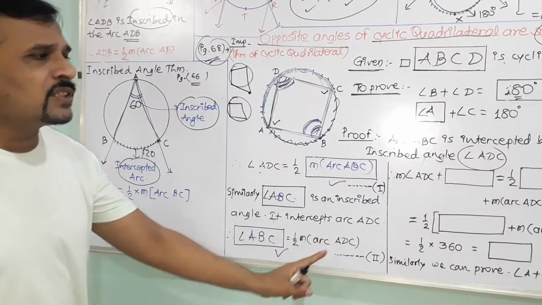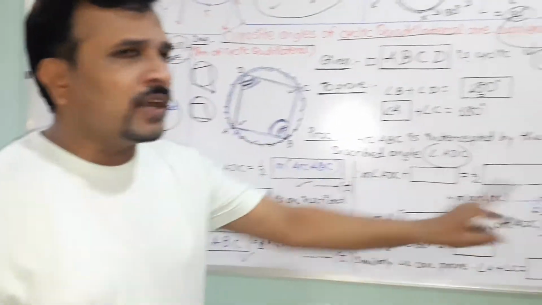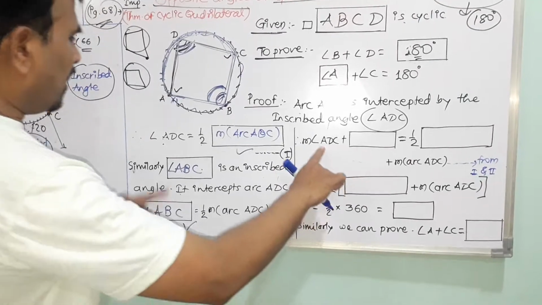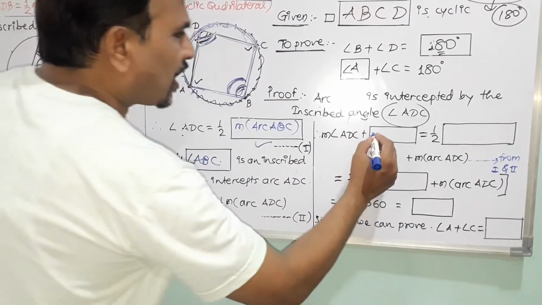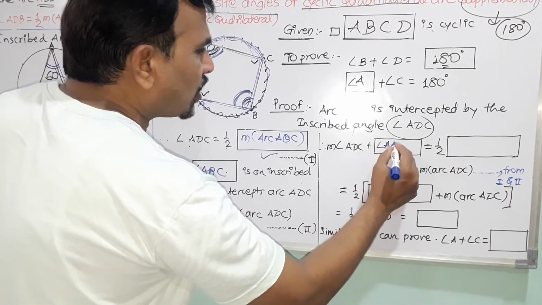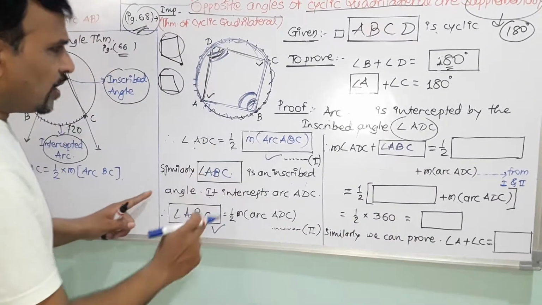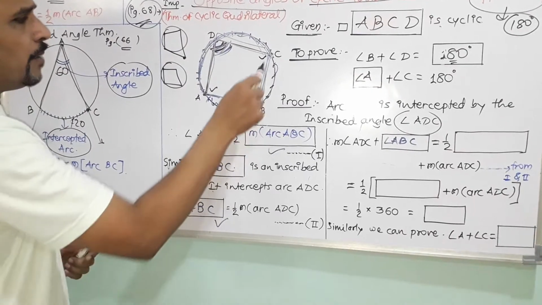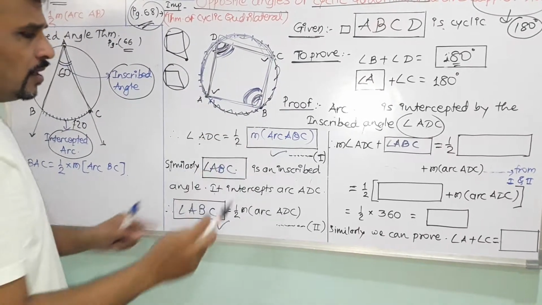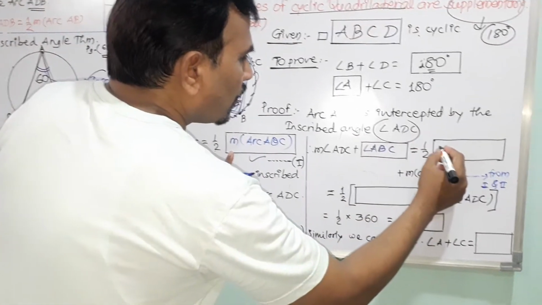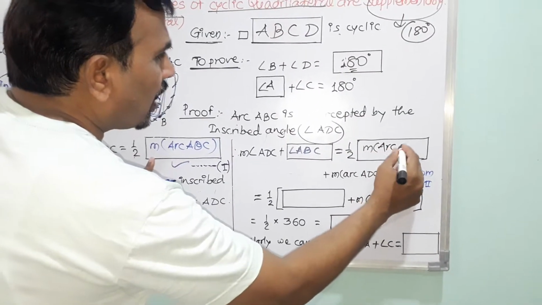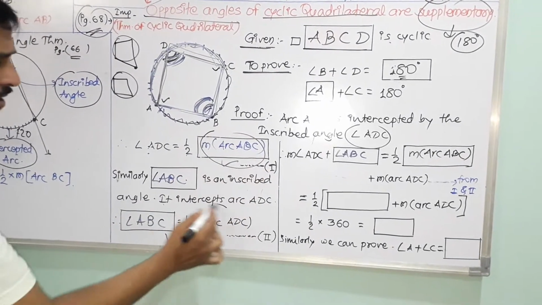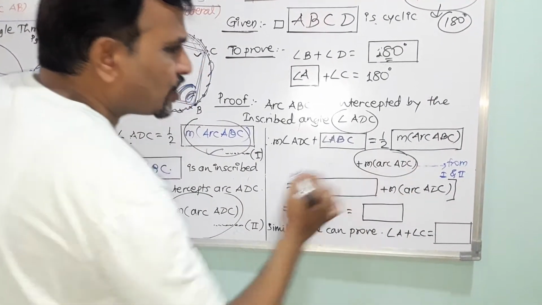From these two equations, if we add equation 1 and 2, we get a very simple proof. Measure of angle ADC plus measure of angle ABC. See, ADC, ABC. Its right side is major arc ABC, and its right side is major arc ADC.